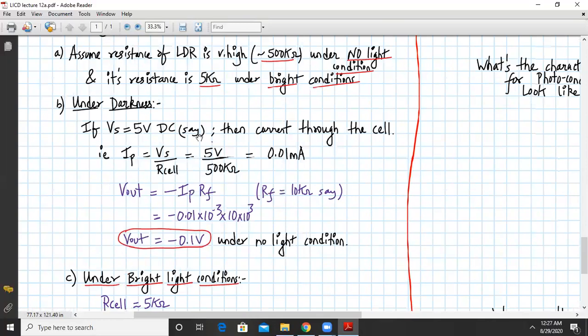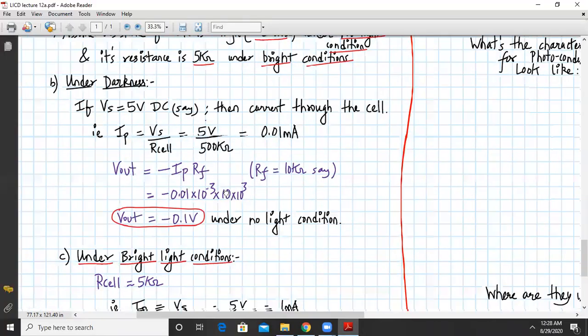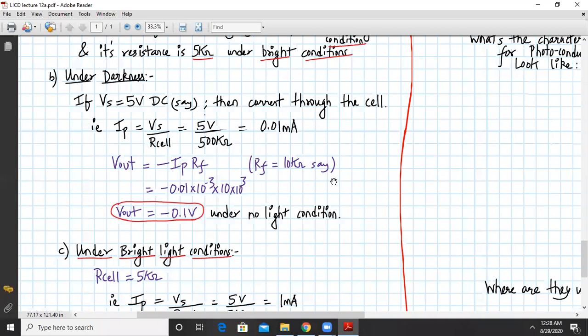Under darkness, if we assume that Vs is around 5 volts DC, then the current through the photoconductive cell is given by IP equal to Vs upon Rcell. IP is equal to 5 volts divided by 500 kilo ohm, which comes out to be 0.01 milliamperes. And Vout is given by minus IP into RF. Let's consider RF to be 10K.